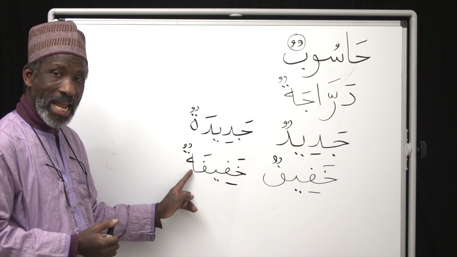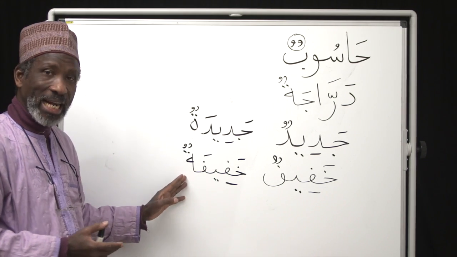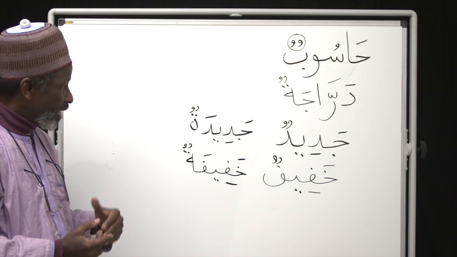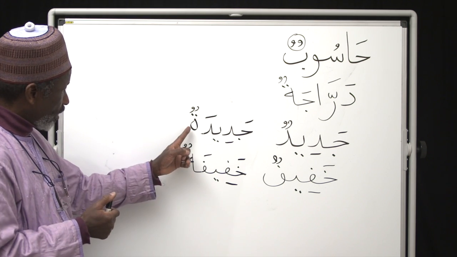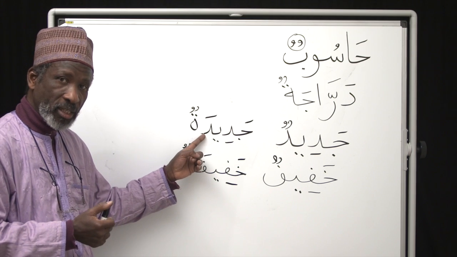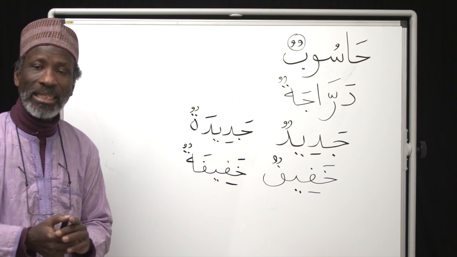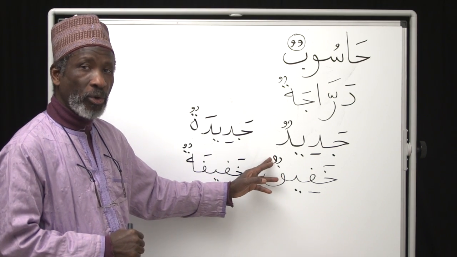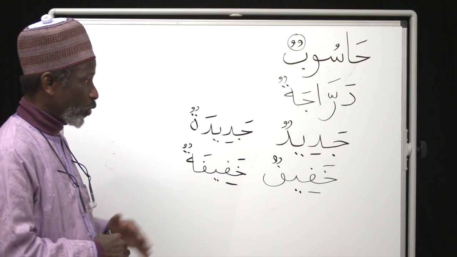Whereas here, letter fa is a normal, friendly letter, it can be extended to join ta marbuta. Hence you have two versions of ta marbuta: the separate one if it has one of the naughty letters before it, and the joined one if the letter before it is a friendly letter. So we have jadidun, jadidatun, khafifun, khafifatun.